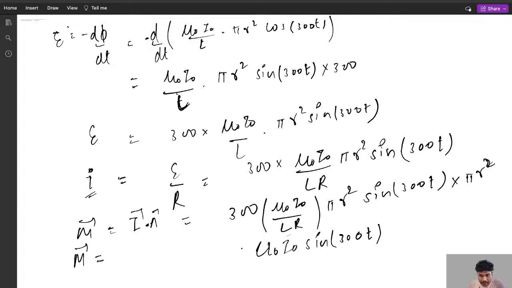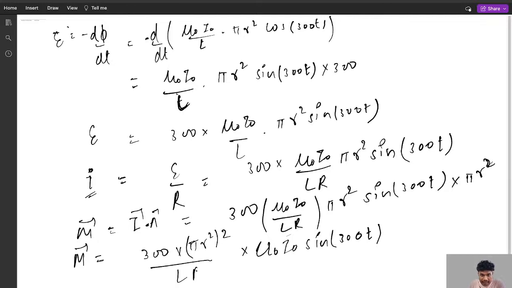We keep it here, and what we get on the other side is 300 times of pi r square whole square upon L R. So this is our value of n, right? If I keep mu naught I naught and sine 300 t out, we get this value, that is 300 times of pi r square whole square upon L R.